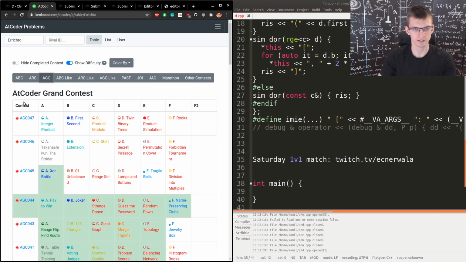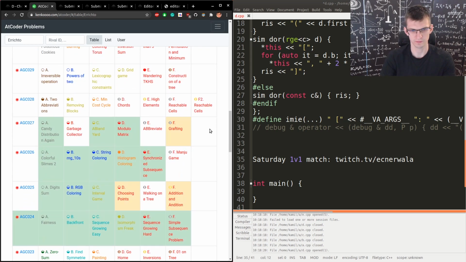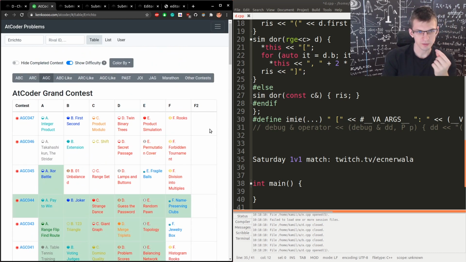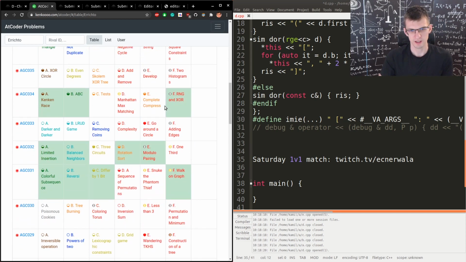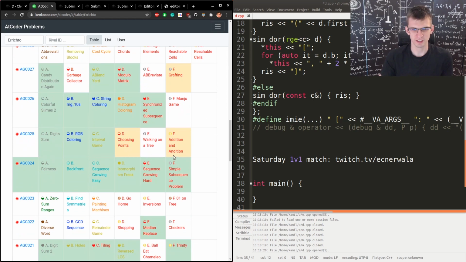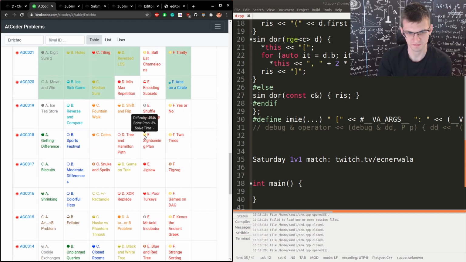I only want Atcoder grand contests. I guess yellow is I submitted something. Well, if it was my own list, then I would also mark solved problems, but those where I didn't want to implement. But because this only marks implemented, maybe I should, if I care about this list, yeah, I should implement.